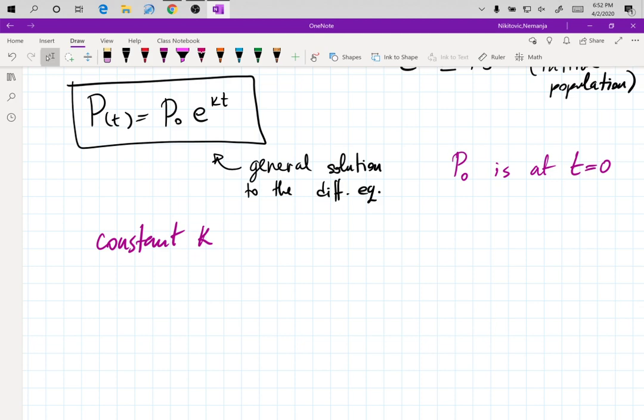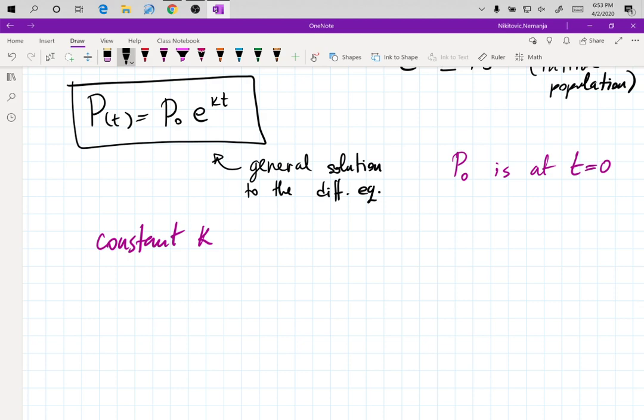So P0 and k together control what is happening with the population. So to go back to our example, but this time I'm going to work with 10 units of initial population so we can understand how k impacts the calculation, but not just how it impacts the calculation, but how it is related to reality.